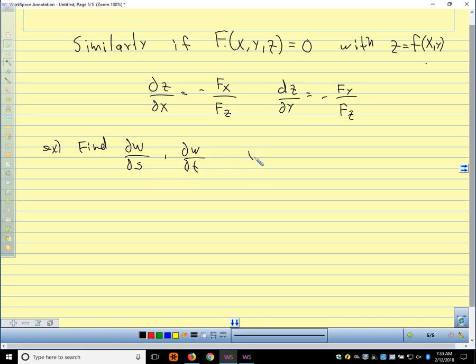And we're going to say w is y cubed minus 3x squared y. x equals e to the s, and y equals e to the t. And we want this at s equals 0 and t equals 1.